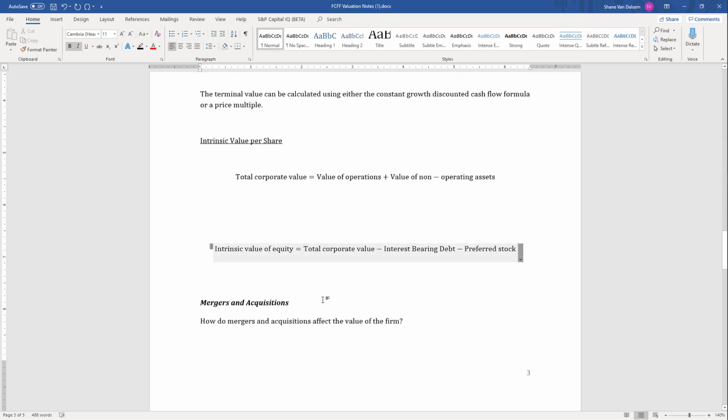The term merger is misleading. Mergers are actually quite rare, where two companies come together and combine to form a better, bigger company. In most cases, even if it's called a merger, it's really an acquisition, where one company is purchasing another company and they're not coming in as equal partners.